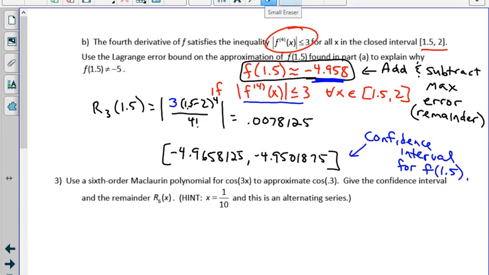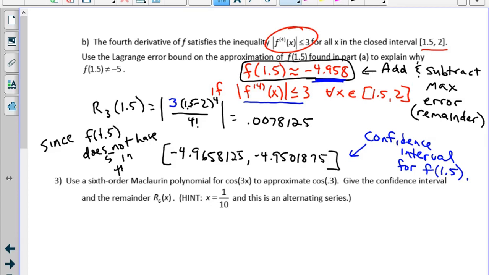Okay, because the confidence interval does not have negative 5 in it, then I know that f of 1.5 cannot equal negative 5. So I'm going to erase that, but that is basically the logic as to why it can't be negative 5.